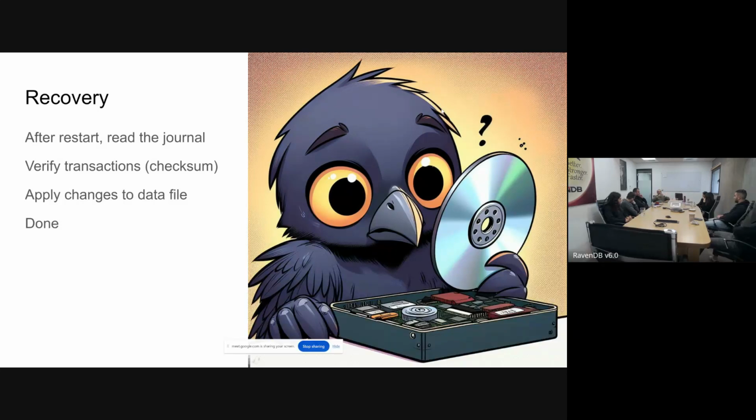Now, it is possible that I have a transaction header that says, I wrote 10 pages, and the file ends after 4 pages. Invalid. It's possible that the checksum that I have in the transaction and the checksum that I computed don't match. Doesn't matter, it's invalid. There is a lot of work around managing that. It's even more interesting when you realize that if I have an invalid transaction, I don't stop the recovery process.